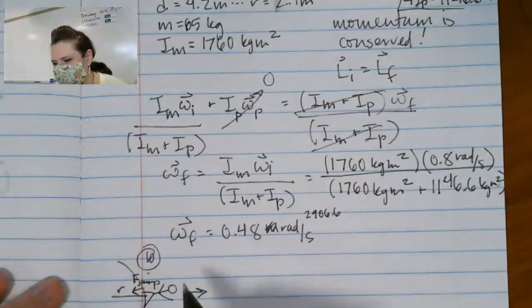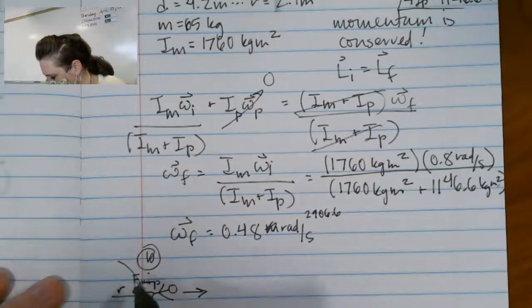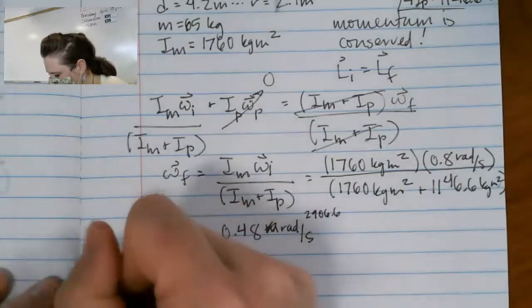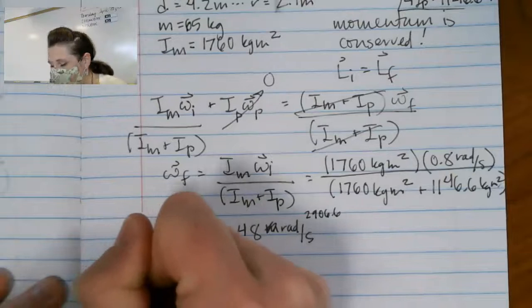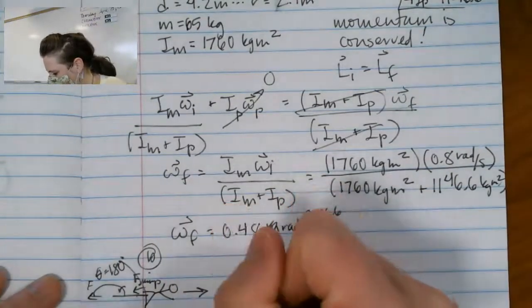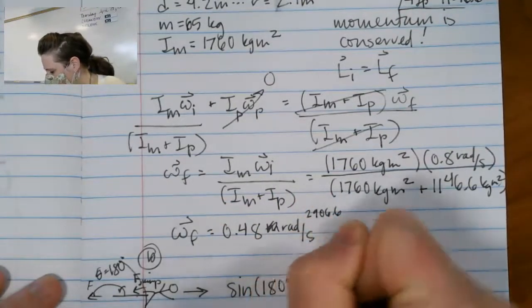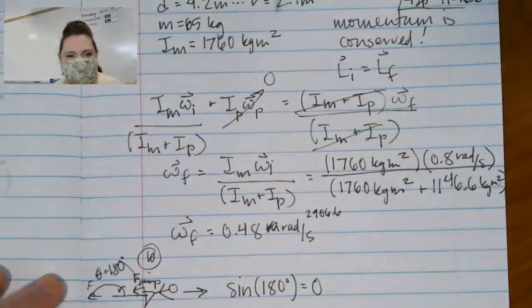So let's think about if this is my radius and I want to measure the angle between these. Here's my radius, and my force is pointing in this direction. This angle right here is 180 degrees, or if you drew it differently, it's 0. Either way, the sine of 180 degrees is 0.